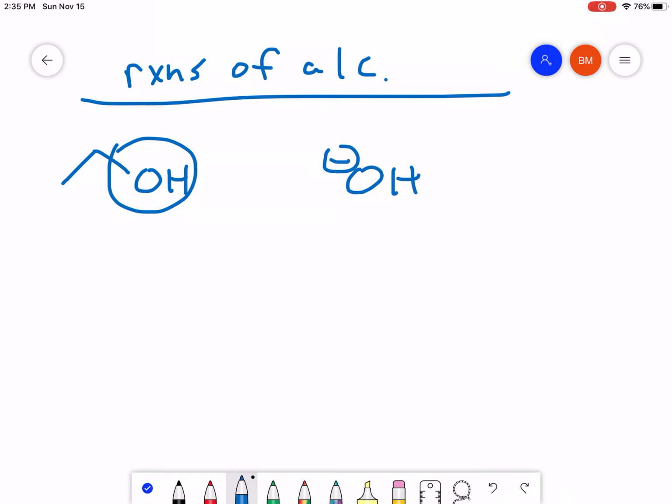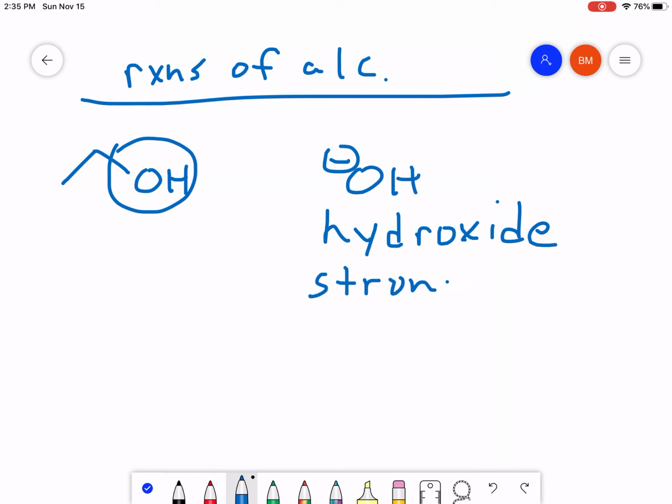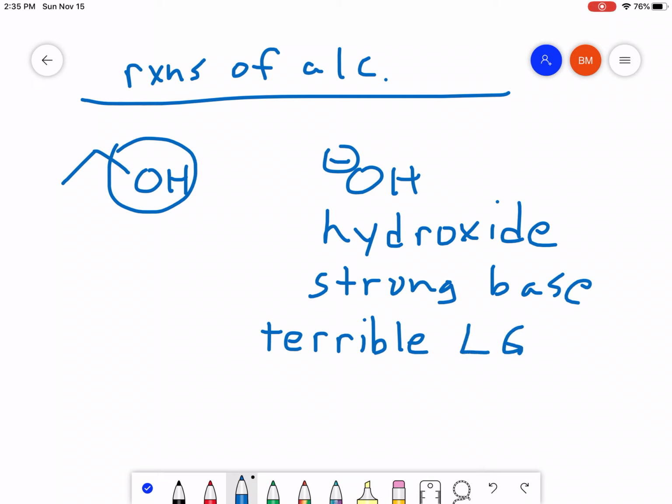You guys know this. You've seen this since high school. OH minus is the hydroxide ion. What do you know about the basicity of a hydroxide ion? Yeah, it's a strong base. And that means it's a terrible leaving group. Not good at all.